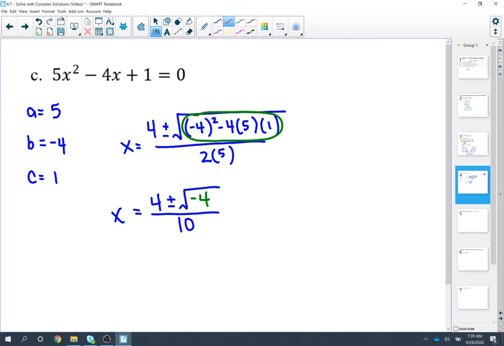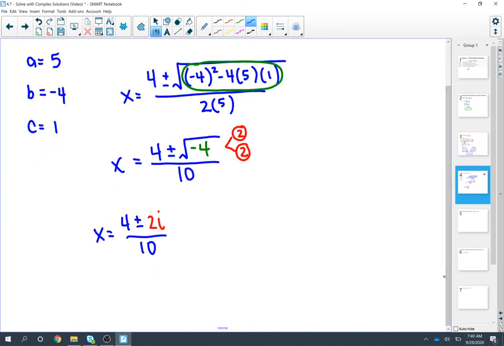At this point, I'm going to take a look at my square root. The square root of 4 is 2, but keep in mind we have the negative here, so we're going to have an i. So we're going to have x equals 4 plus or minus 2i over 10.